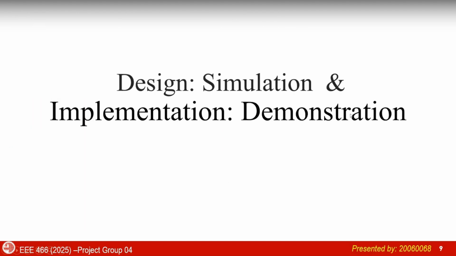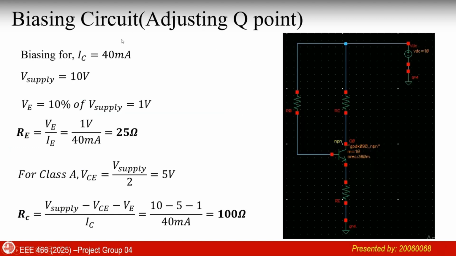Okay, so let's discuss in detail the design simulation and implementation demonstration of our project. Here's the calculation of Q point adjustment. We take VDC as 10 volts and assume the biasing current IC equal to 40 milliamperes. So we get our emitter resistance equal to 25 ohms and collector resistance equal to 100 ohms.